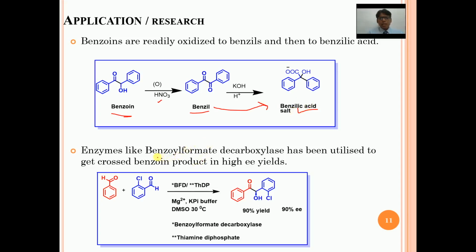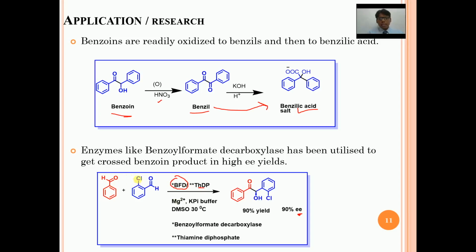Secondly, the enzymes like benzoylformate decarboxylase in the presence of thiamine diphosphate give 90% yield with 90% ee, that is enantiomeric excess, of this product, wherein OH is coming out of the plane.